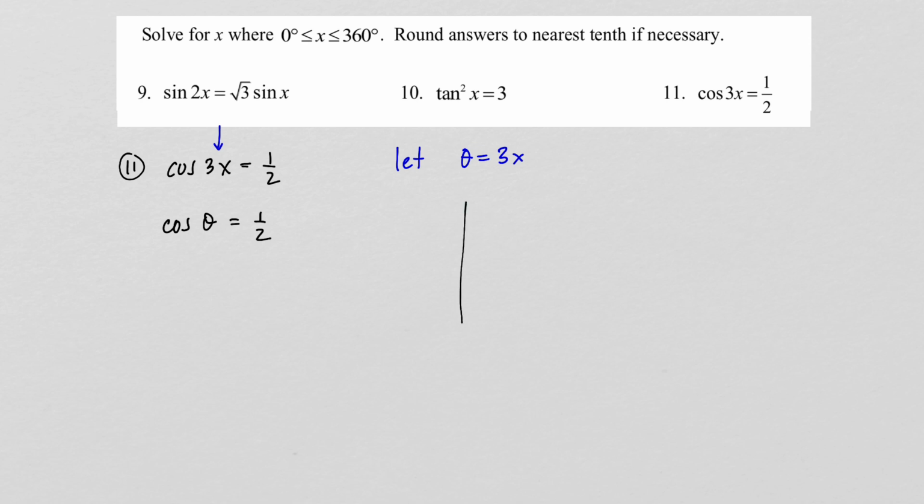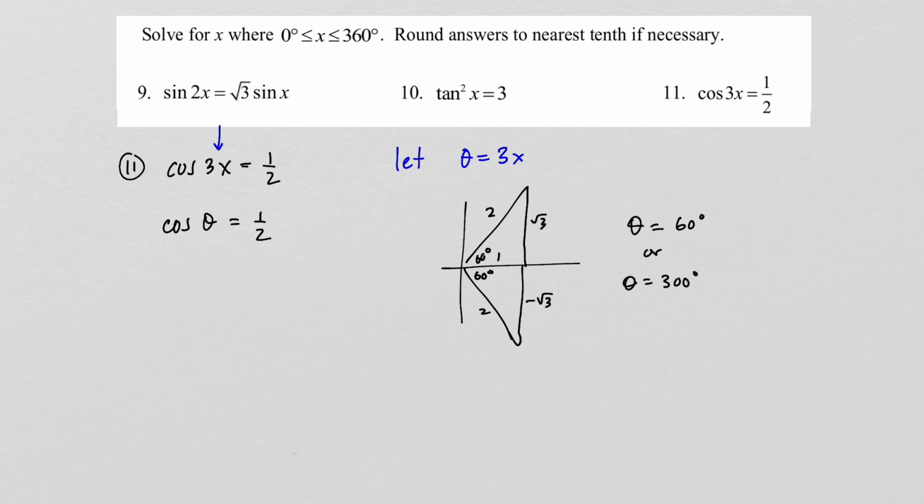So where is cosine positive 1/2? That's going to happen in the first quadrant and in the fourth quadrant. The corresponding angle here is 60 degrees, and the corresponding angle here is also 60 degrees. And so theta can either be equal to 60 degrees or theta could be equal to 300 degrees.